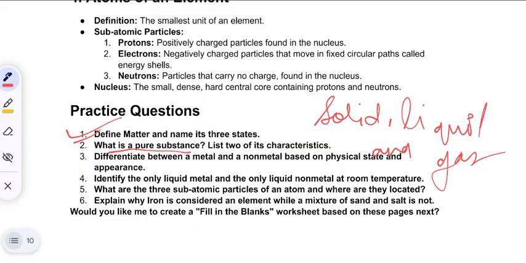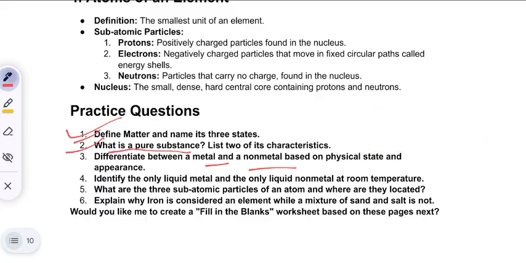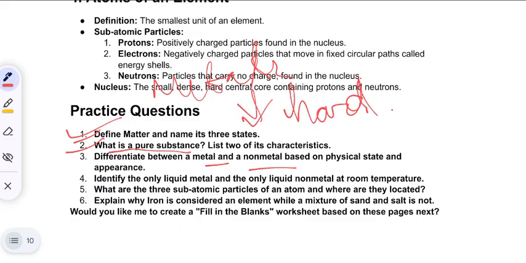Third, differentiate between metal and non-metal based on physical state and appearance. Now you have to give their physical state and appearance. Metals possess properties such as being hard.